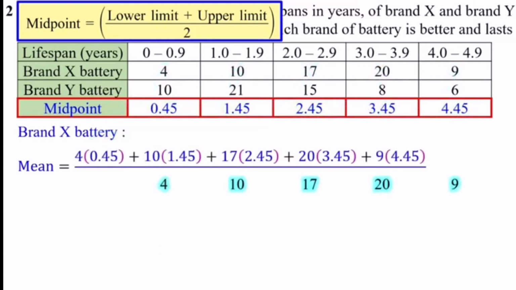The total number of battery is we need to plus all the battery X, which is 4 plus 10 plus 17 plus 20 plus 9.